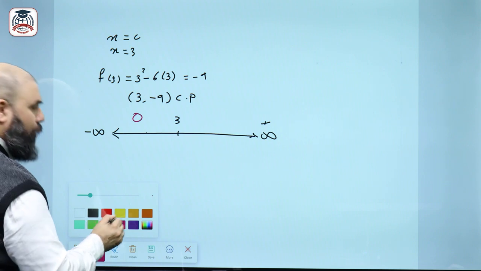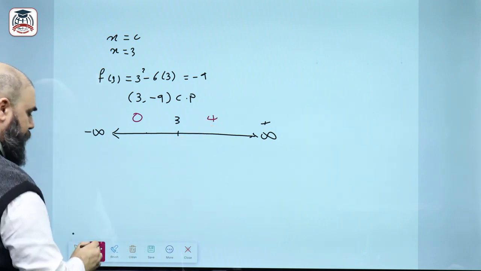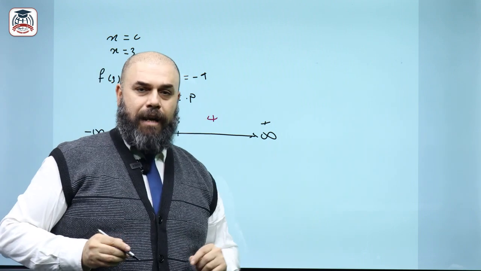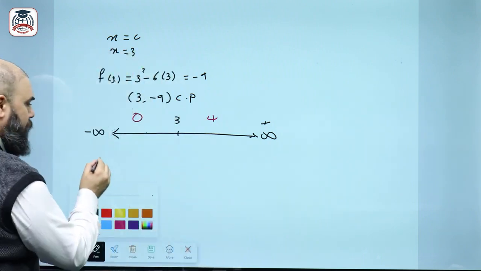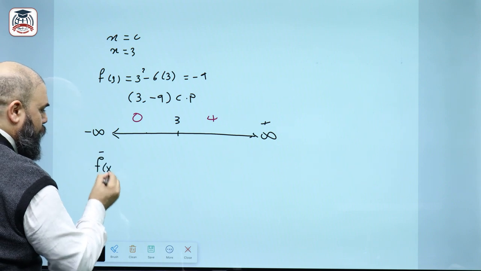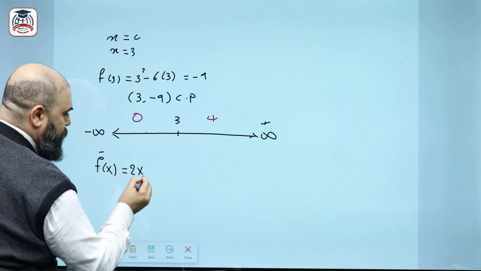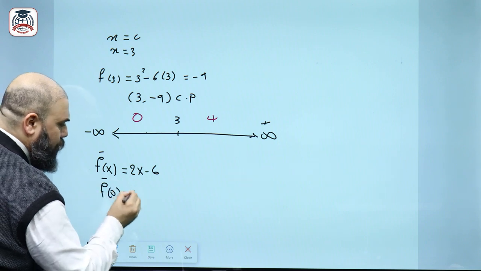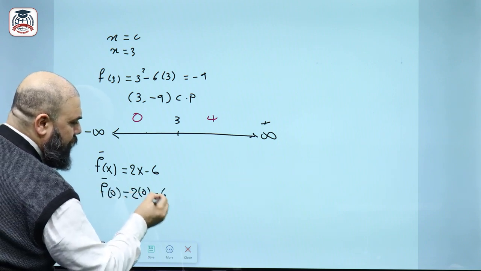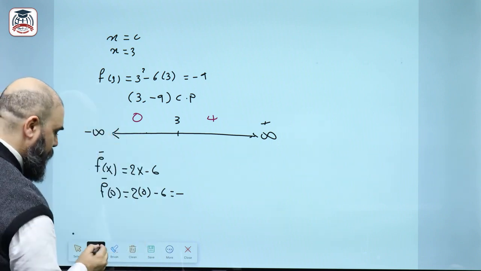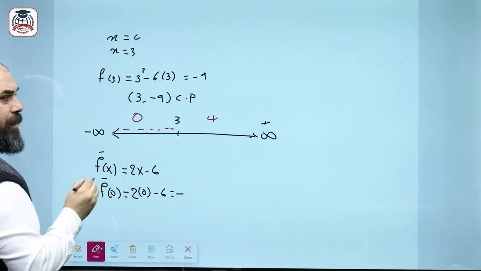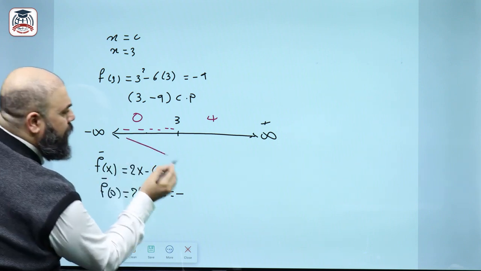For example, 0, less than 3, and 4, more than 3. Replace 0 and 4 in f prime of x, which is 2x minus 6. F prime of 0 is 2 times 0 minus 6. We get negative. When we get negative in this interval, it is decreasing.